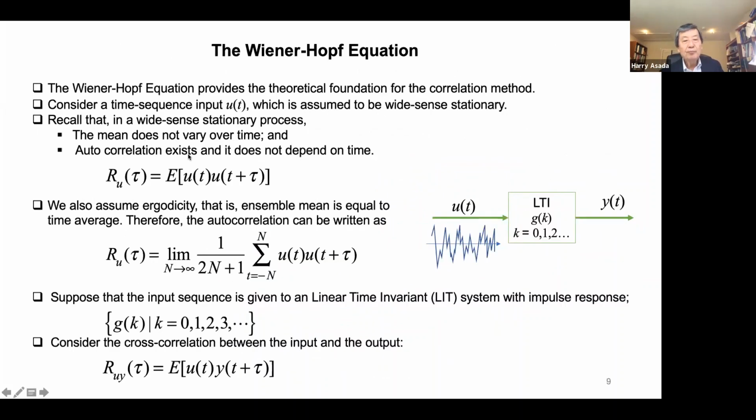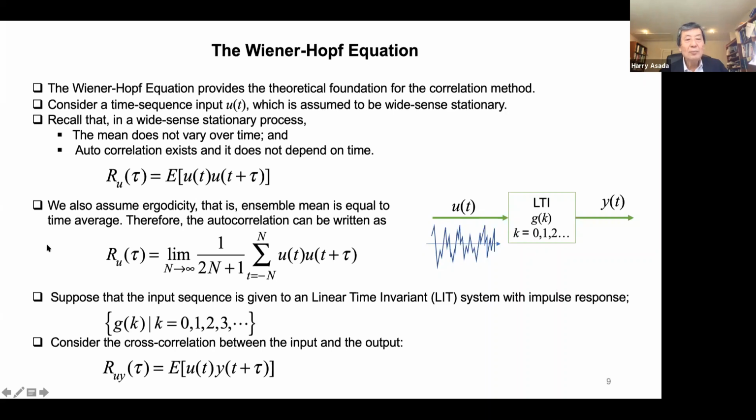The other is that the autocorrelation exists and does not depend on time. It depends on the difference between two snapshots, T versus T plus tau. Wherever you take this product, it doesn't depend on T. It is separated from T and depends on tau alone, right? So this autocorrelation does exist.